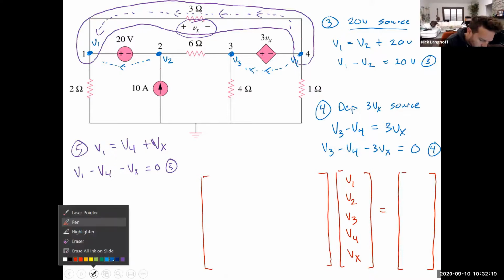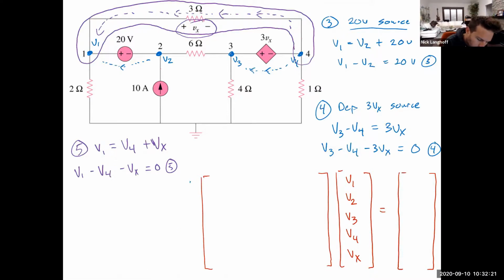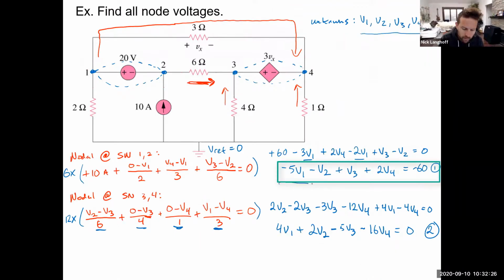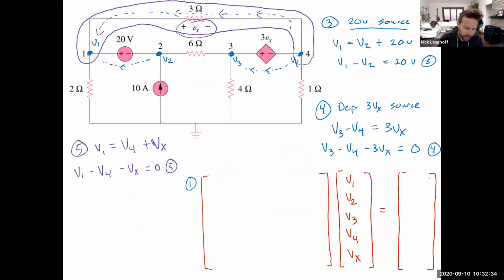Here's equation 1. From the last page, we found that it was minus 5V1 minus V2 plus V3 plus 2V4 is negative 60. So that's a minus 5V1 minus 1V2 plus 1V3 plus a 2V4, nothing of Vx, is equal to negative 60.